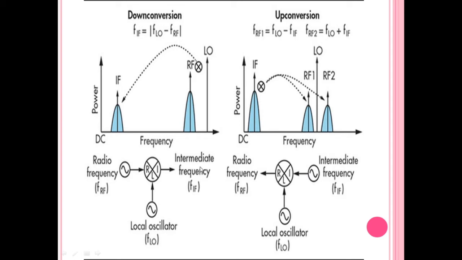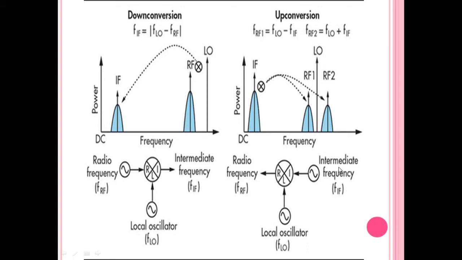The meaning is, if the intermediate frequency value is less than the second input signal frequency, that is the LO signal frequency, then that conversion is called down conversion of frequency, which is represented by the notation F_IF equal to mod of F_LO minus F_RF.